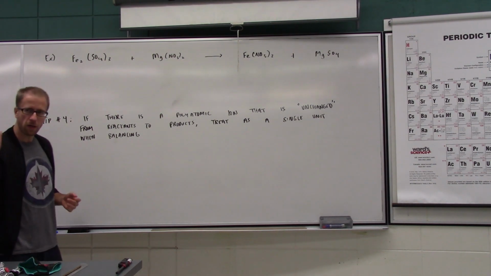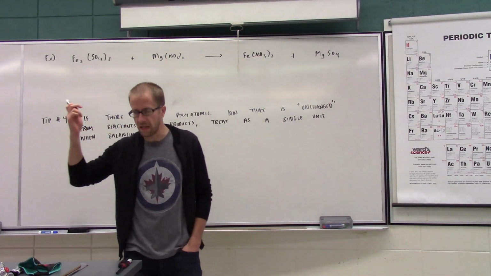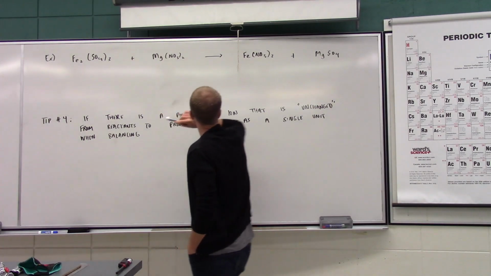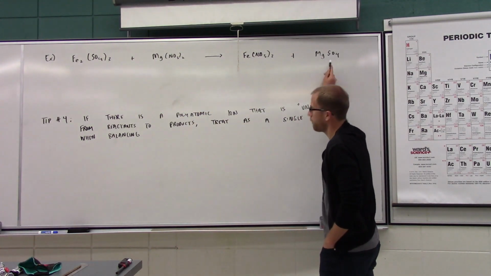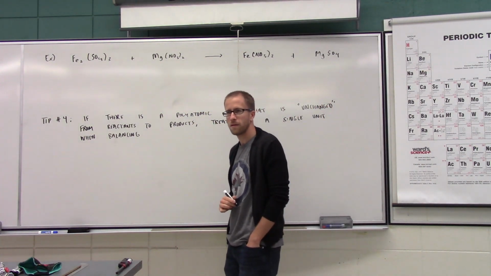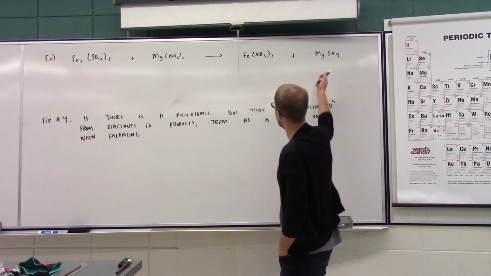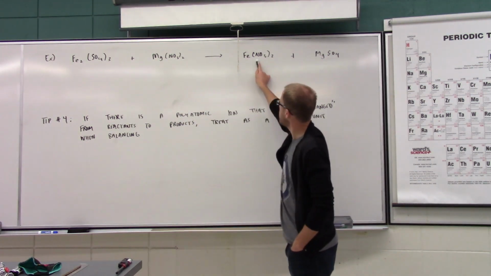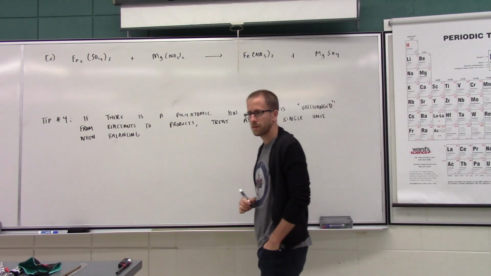Now, if we look at our chemical equation, well, the skeleton equation, does sulfate still exist as sulfate in your products? It does, right? You still have SO4 in your products. Does nitrate still exist as nitrate in your products?